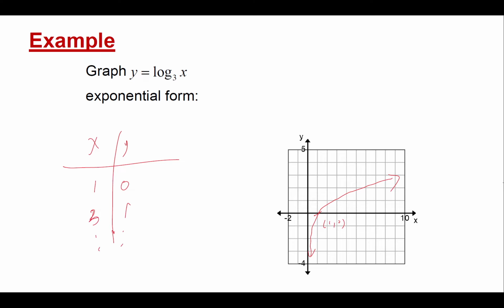But instead of doing that, you just have to switch the x and y coordinates of the graph of 3 to the power x, because they are inverse of each other. So this is our graph for log base 3 of x. The exponential function has the equation y equal to 3 to the power x, and since they are inverse of each other, the graph would be symmetric with respect to the line y equal to x.